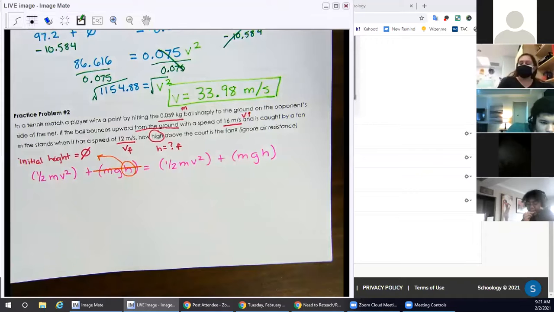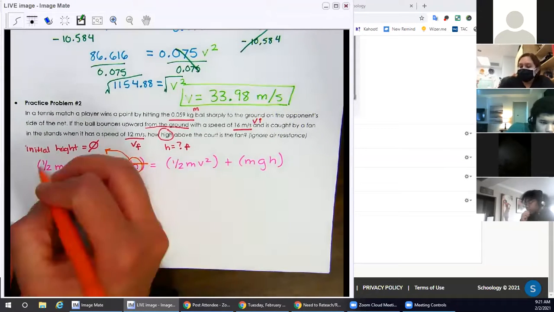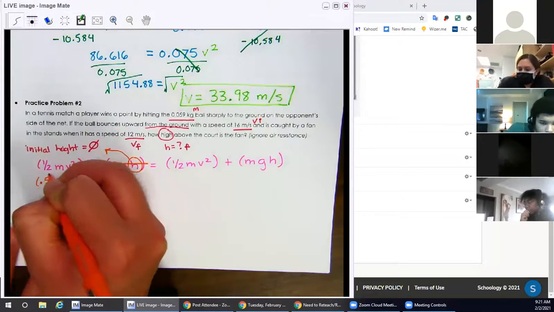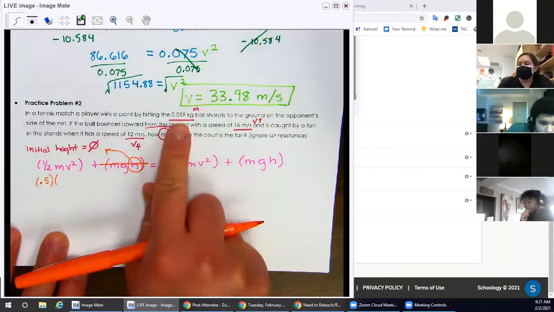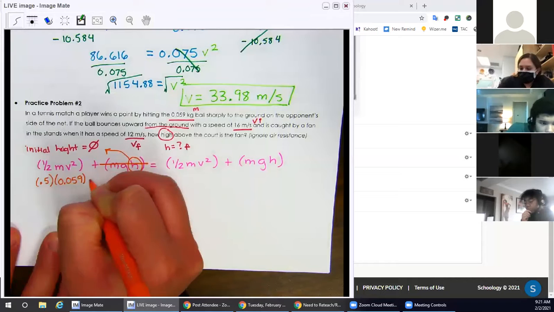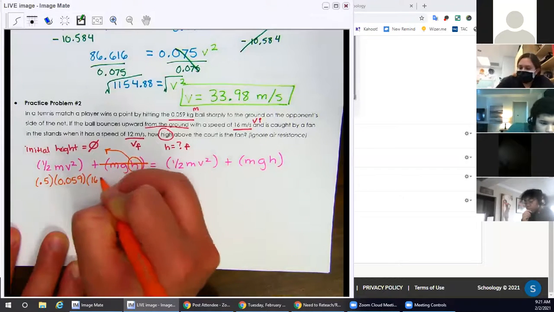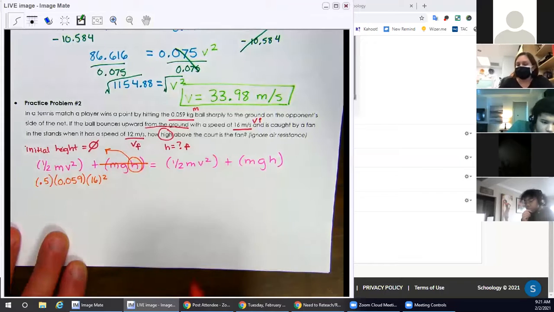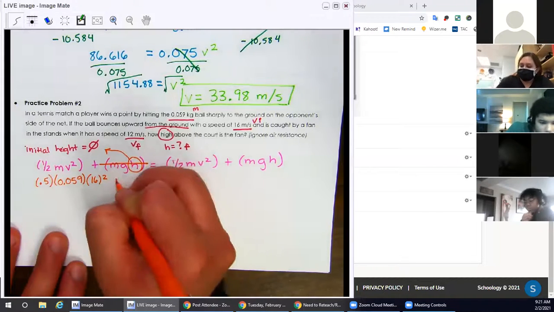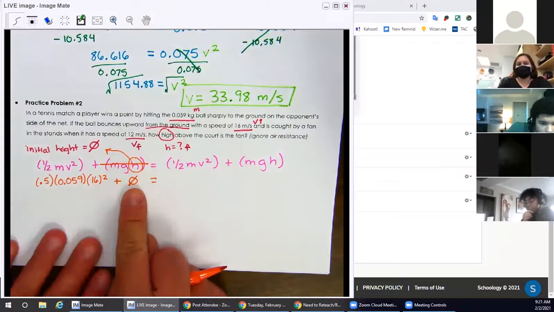So now plugging everything in. 1/2, I'm going to use 0.5 again. Mass is going to be 0.059. My initial velocity was 16, and I'm going to square that. This is going to be 0 because anything times 0 is 0, and that's why we don't even need that.